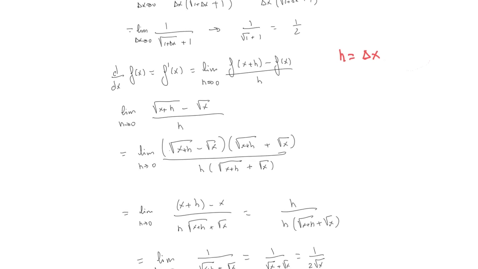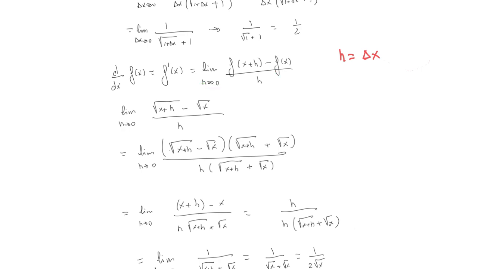So if we try to find the derivative at any point of the function square root of x, we have to do this. f of x plus h, or f of x plus delta x, if you prefer, minus f of x, divided by h, or divided by delta x. And the limit is when h approaches 0, or when delta x approaches 0. I did it here with the h.